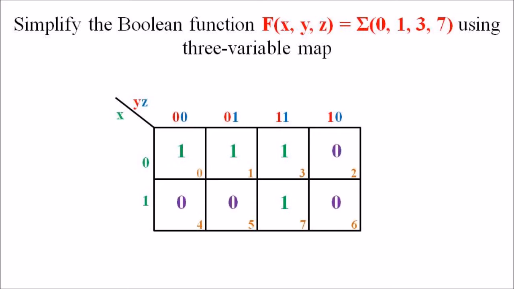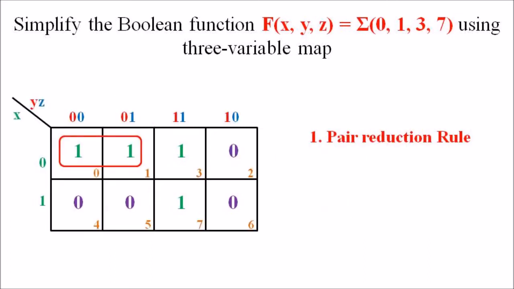In the second step, we pair the different groups using the pair reduction rule. The first pair, marked in red, is cell 0 and cell 1.